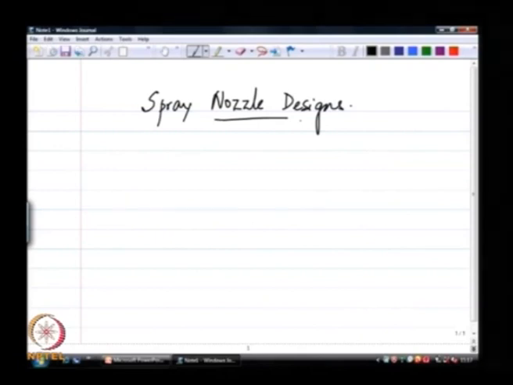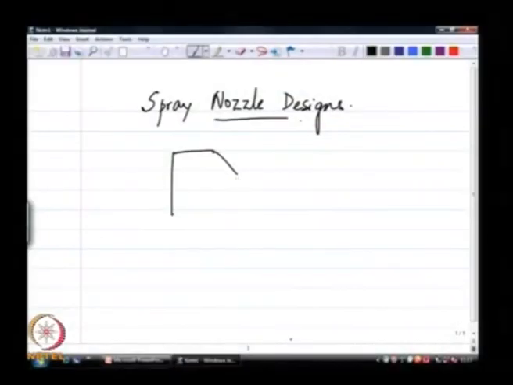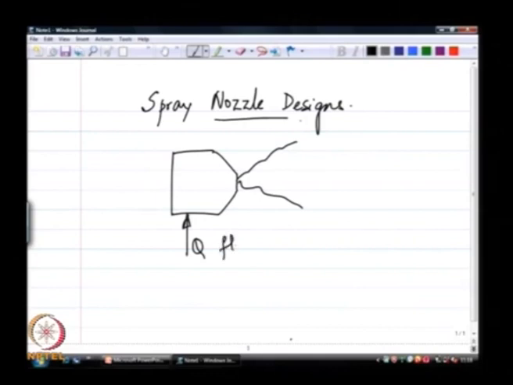Before we go much further, let us just draw a brief schematic, and we want to understand what it is that we are talking about, that we call a spray nozzle. Again, we have used this perfume example many times, we will use it again, essentially in the context that I have a certain flow rate of the liquid.